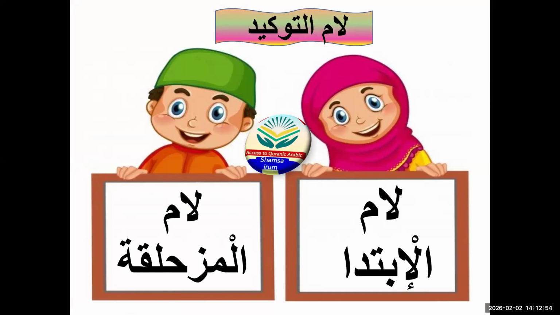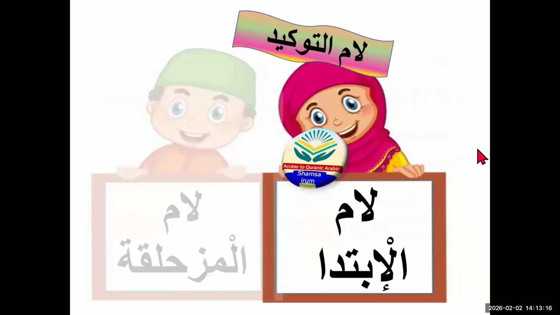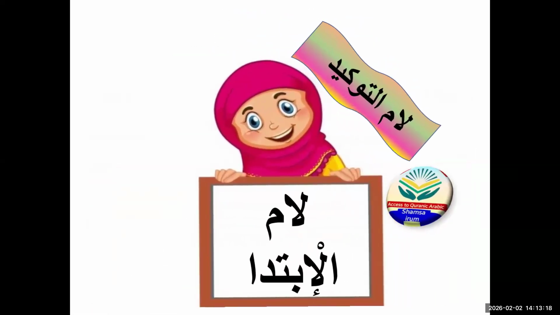It means both Laams create emphasis in jumla ismiya, the nominal sentence, but the name will be different according to the situation. When it comes at the beginning of the sentence, it is called Laamul Ibtida, but it still creates emphasis. And it is called Laamul Muzahlaqa when it comes in the middle of the sentence, but it still creates emphasis in the sentence. Okay, so first we will discuss Laamul Ibtida.